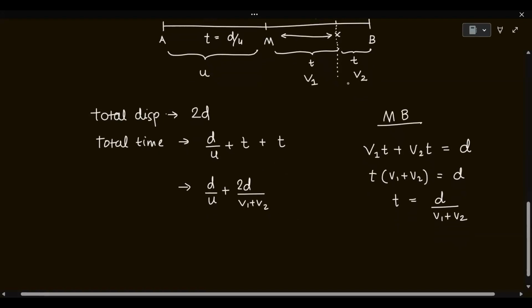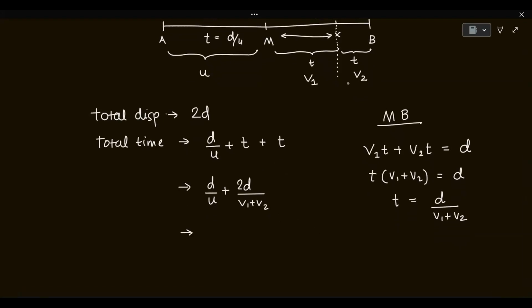Now I want to simplify this a little, because I have to divide displacement by time, and I don't have any common denominator here, so I want to take the LCM. Let the LCM be u multiplied by v1 plus v2. In that case, d is going to come common, so I'm just keeping d as it is.